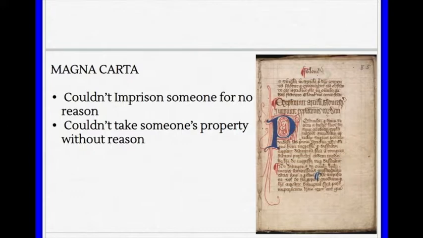However, the only people who benefited from the idea that you couldn't take someone's property without due process of law were the elite, because the elite were the only ones who owned property. Remember, there is a two-tier system in England and the English colonies. There were the aristocrats who could own property by inheriting it, and then there was everybody else.